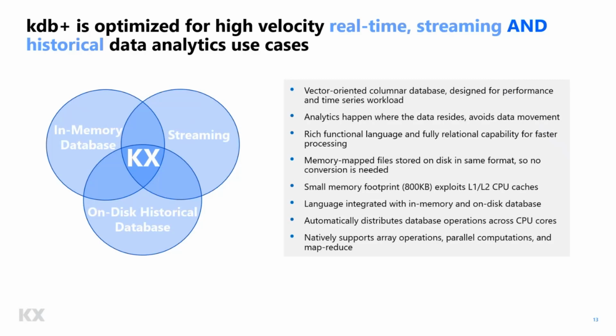So KDB is a vector-oriented columnar database. We'll go through this in just a second, but essentially in a columnar database, every column is contained as its own file. That gives you extreme performance benefits, especially for on-disk data analysis. And then the vector-oriented nature gives you extreme performance benefits when you need to loop through data.